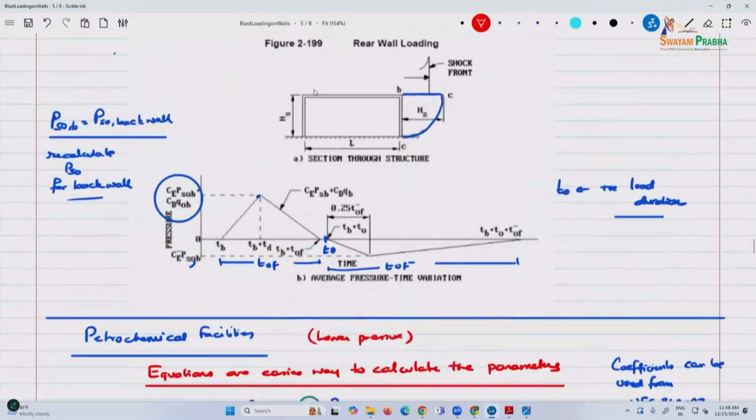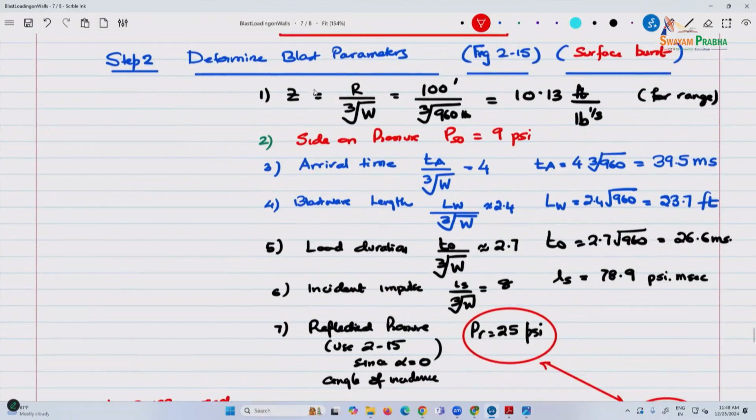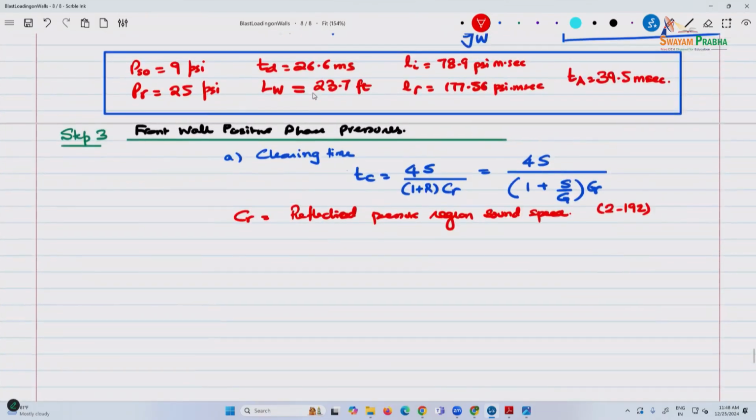So it's based on PSO. And so from that figure, you should be able to get CR. I'm sorry, CR is the velocity itself. It is 1.28. The units are feet per millisecond. So be careful of that, or 1280 feet per second.